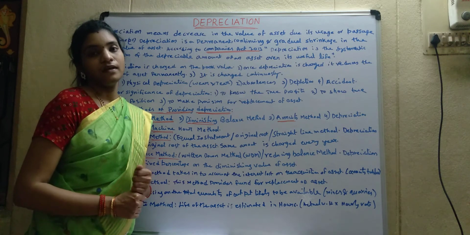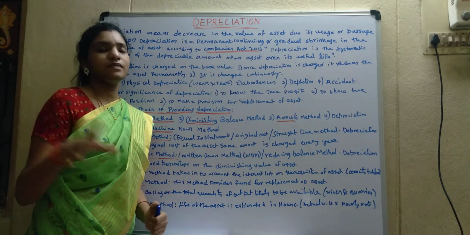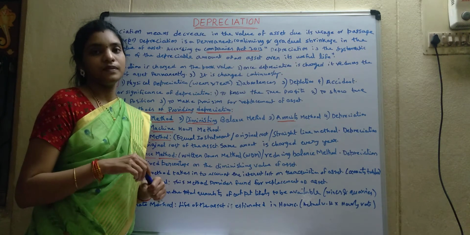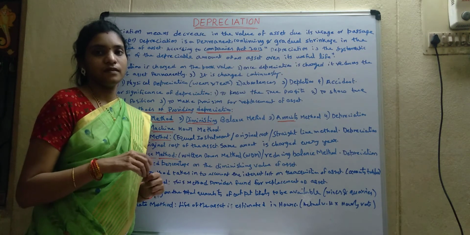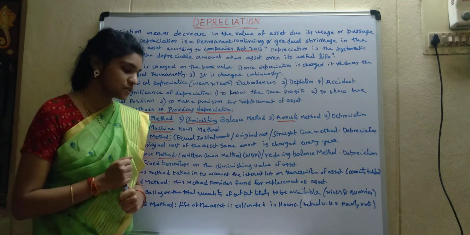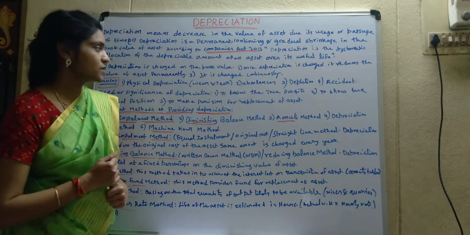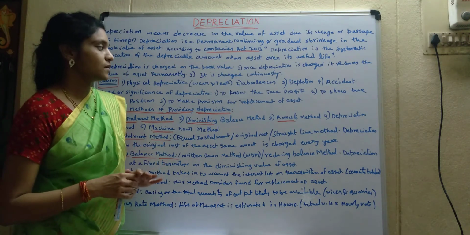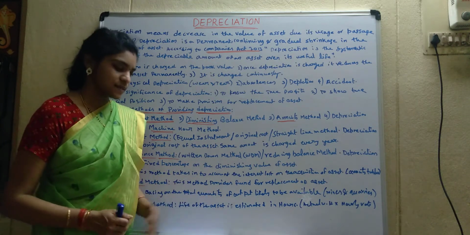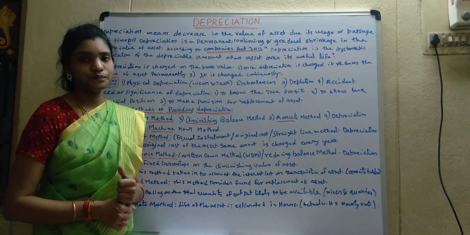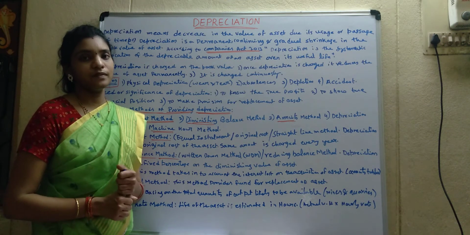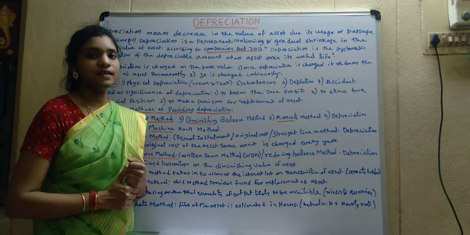For example, if you leave a machine outside, it may form rust. So depreciation may be caused mainly due to usage. It may tear, decay or rust. All these things lead to depreciation, which means a reduction in the value of the asset.